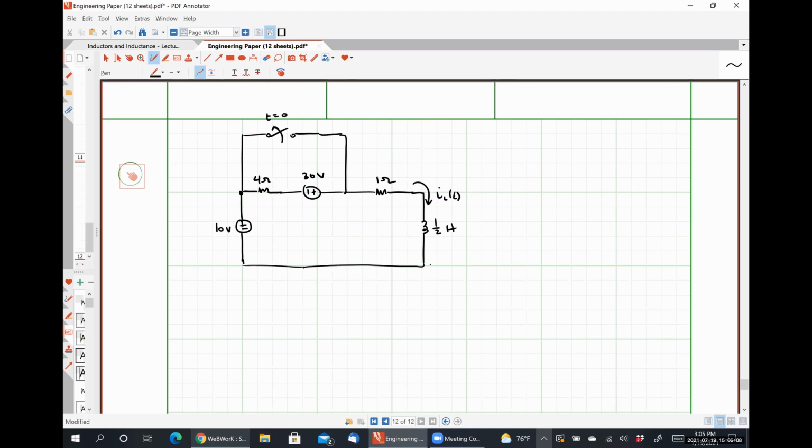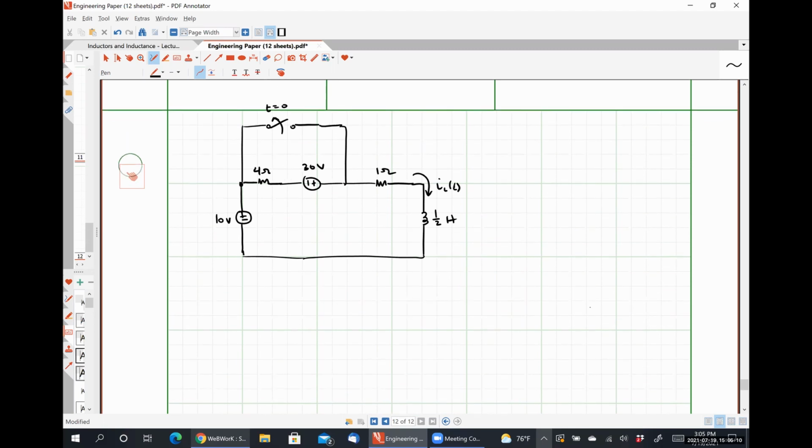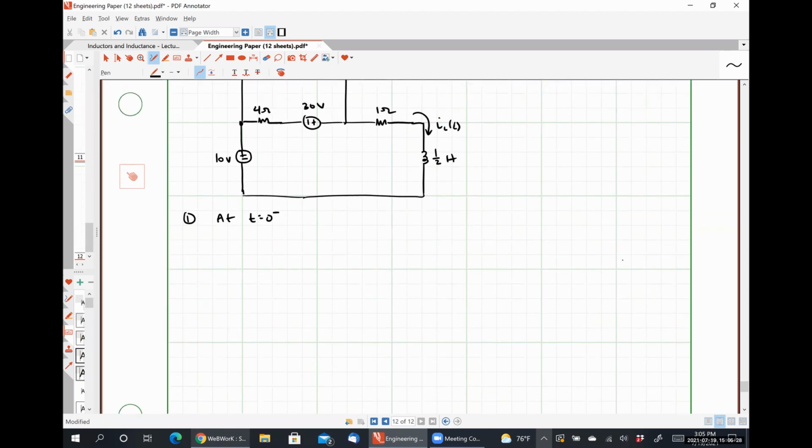All right, so at t equal to 0 minus, that switch is closed, right? So we're going to have something that looks like this.